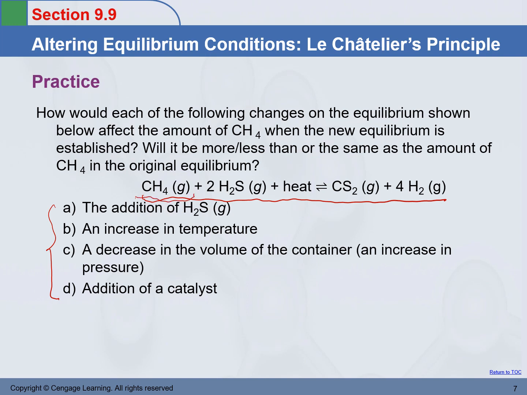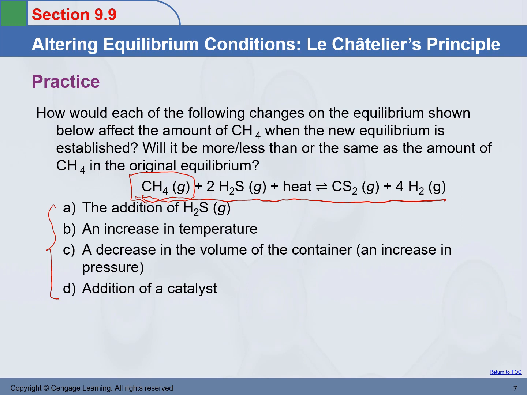CH4 is right here on the right-hand side. How would each change affect the amount of CH4 when the new equilibrium is established? Will it be more than, less than, or the same as the amount of CH4 in the original equilibrium?